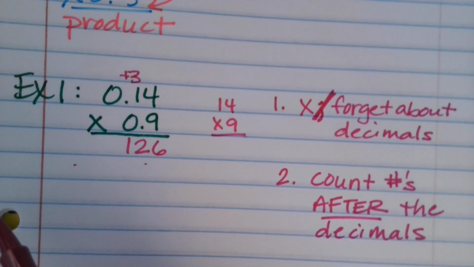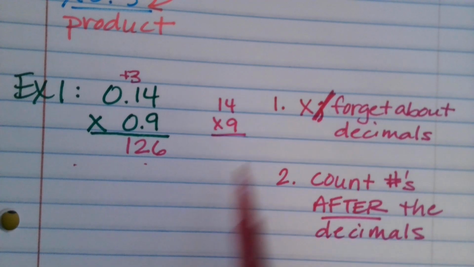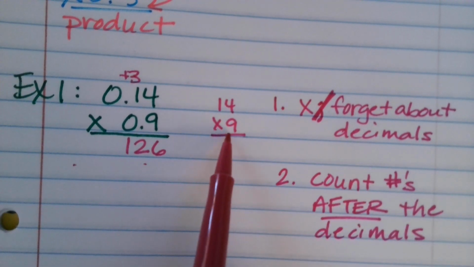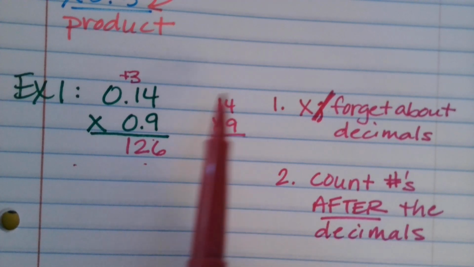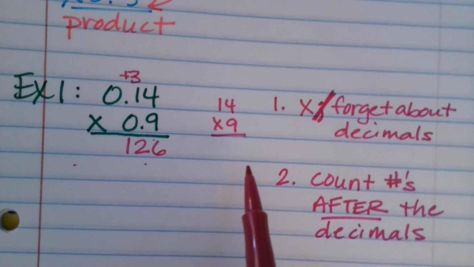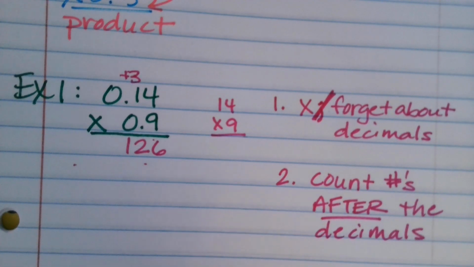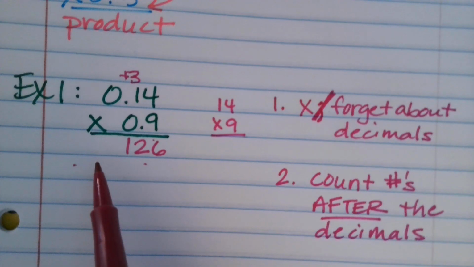So when you're multiplying decimals, that's why on step 1, I said just forget about the decimals and think of it like you're just doing 14 times 9. That's why this is here. Hold on to this as what you are actually multiplying, and that way, hopefully, the zeros won't be as confusing to you. If they're throwing you off, the zeros don't have to do anything with the problem. Not at all. They're not even placeholders.